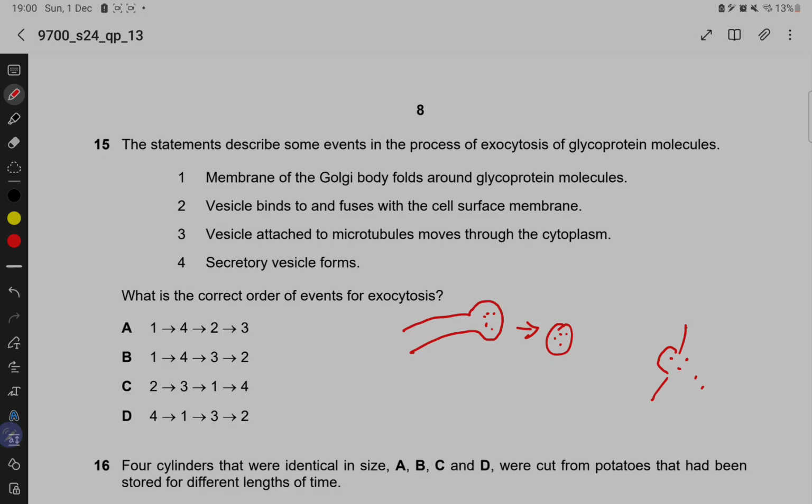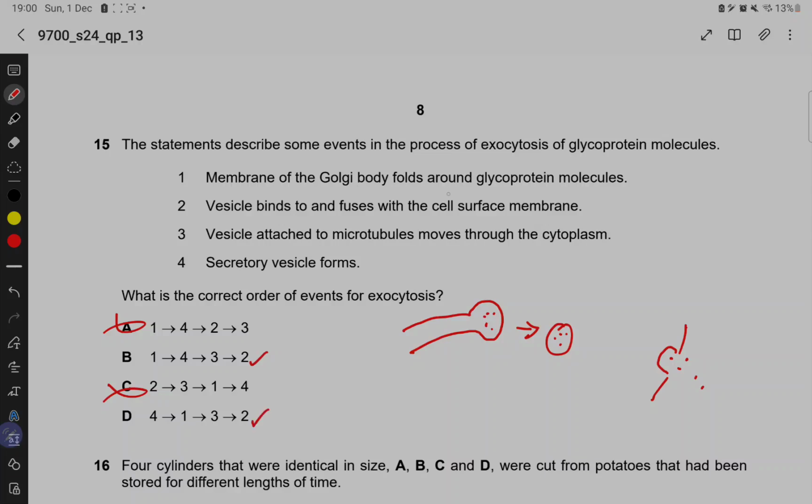Okay, so 4 should be one of the first two, then 3 will be in the middle, and 2 will be the last one. So it's definitely C is wrong, A is wrong, because 2 is the last.